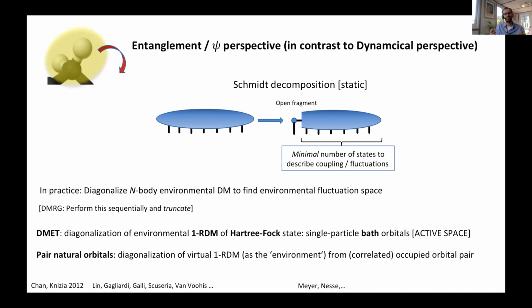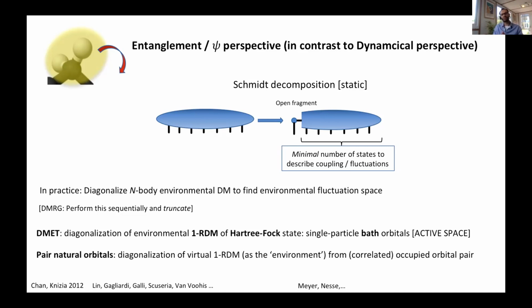That gives you a set of virtual orbitals, which are in some sense most optimally describing the fluctuation space at the level of MP2 from an occupied orbital pair. And that's then the basis of local correlation in the work that was pioneered by Meyer, but is now being taken to new heights in ORCA with the LPNO code of Frank Neese.